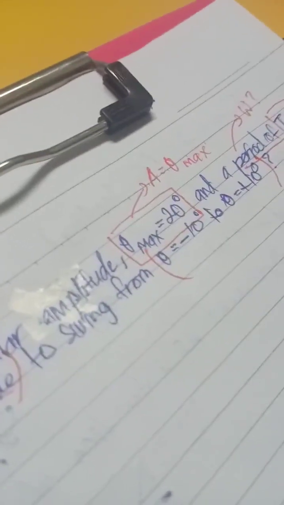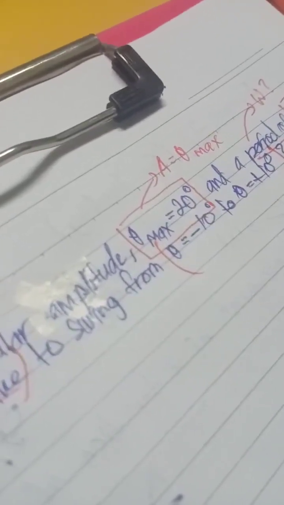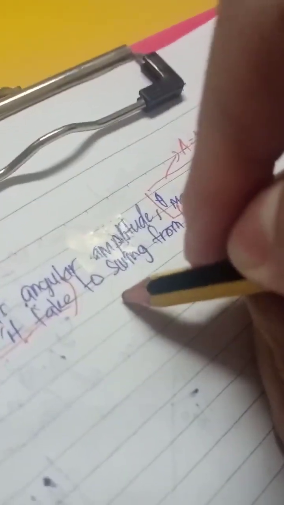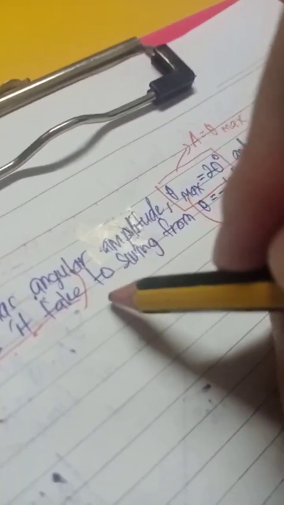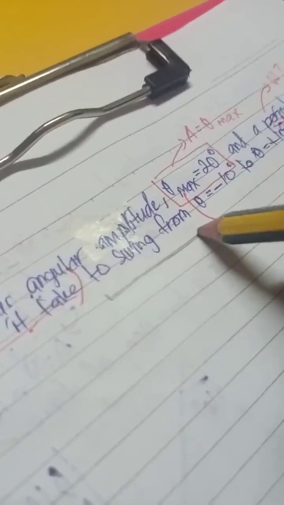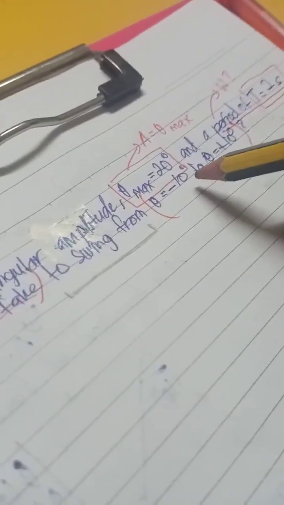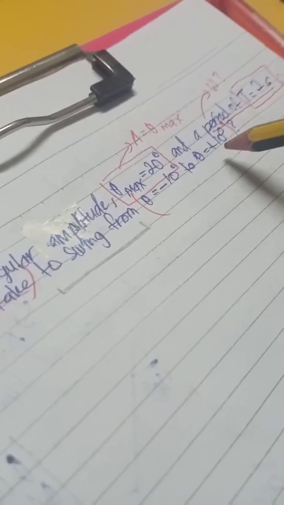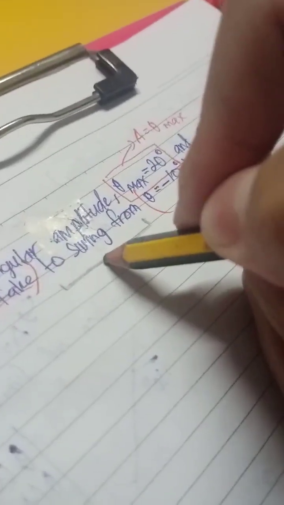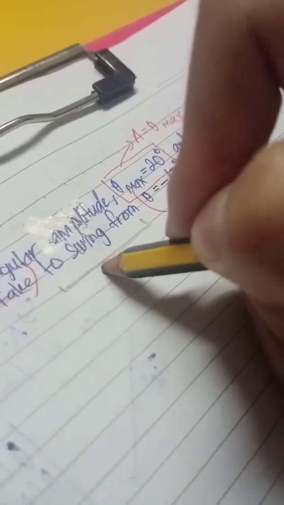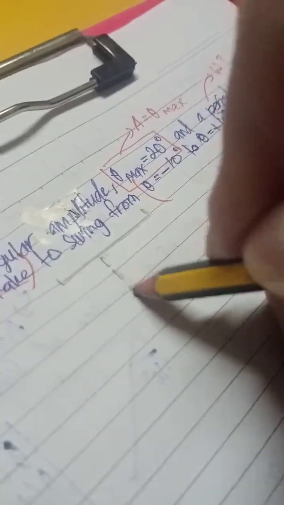So here I will construct a diagram, so that you can see what it means to swing from theta equal to negative 10 degrees to theta equal to positive 10 degrees. I will show you now. So here, this is the ceiling and attached to it is the string.